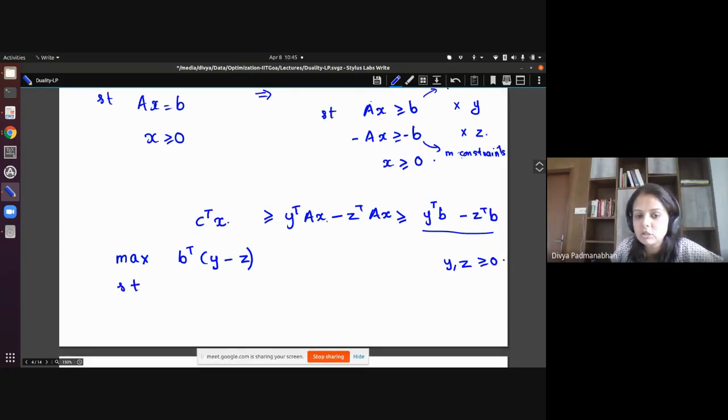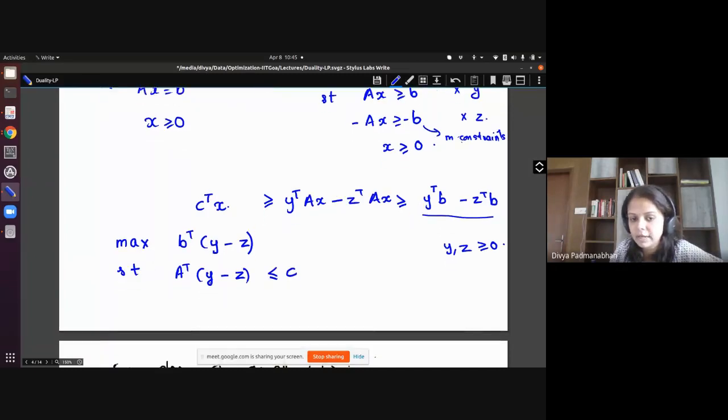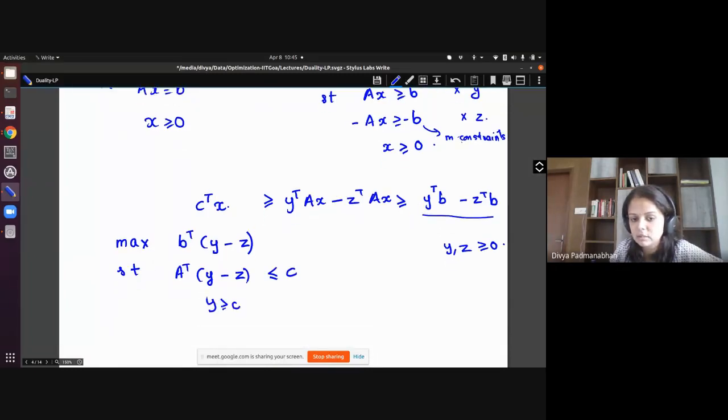So the coefficients of X should be less than or equal to C, term by term. Component by component, you want these coefficients to take a value less than C. So that would be A transpose of Y minus Z less than or equal to C. And you have y greater than or equal to 0 and z greater than or equal to 0.